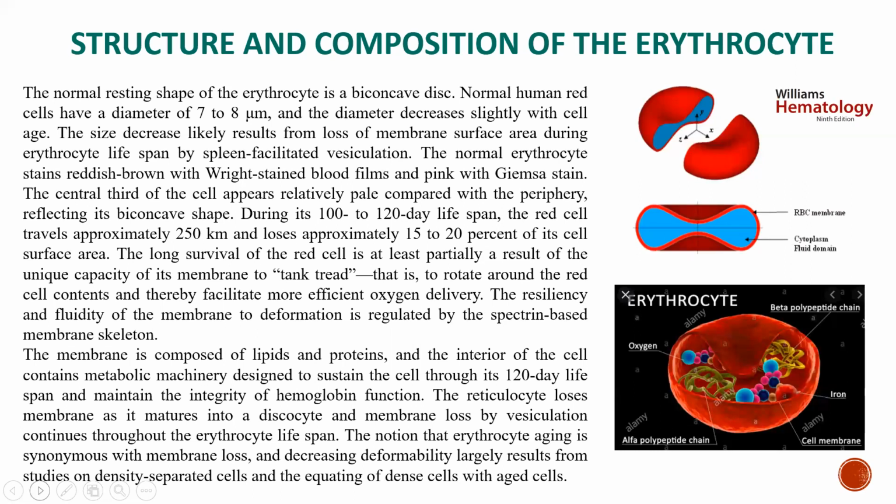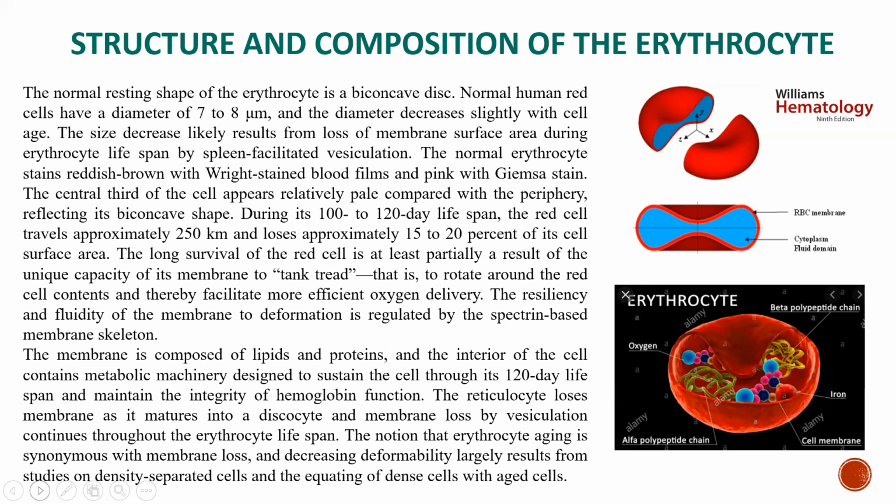The central third of the cell appears relatively pale compared with the periphery, reflecting its biconcave shape. During its 100 to 120 day lifespan, the red cell travels approximately 250 kilometers and loses up to 20% of its cell surface area.